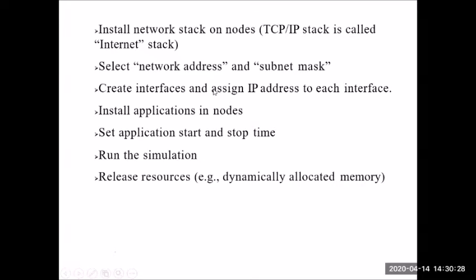After that, we will install the applications. A TCP application or a UDP application is installed on the node. Then we will set a time to start the application and stop the application. And finally, we will run the simulation. And one thing you remember, in NS3, memory is allocated dynamically.